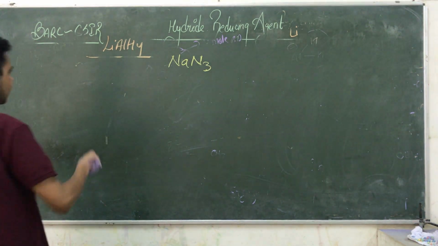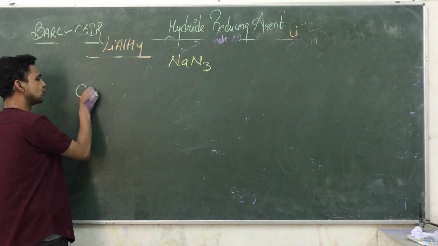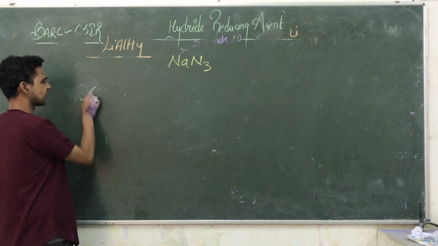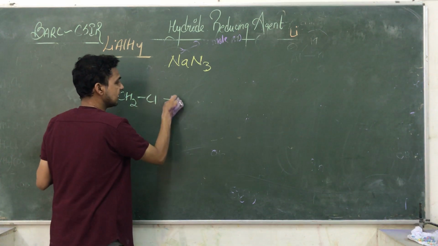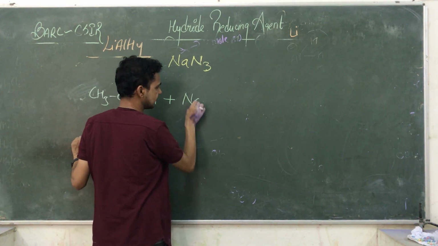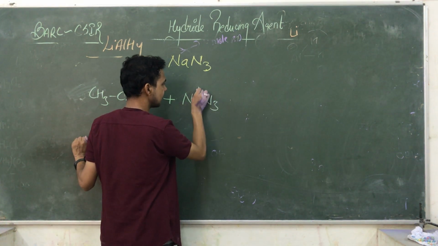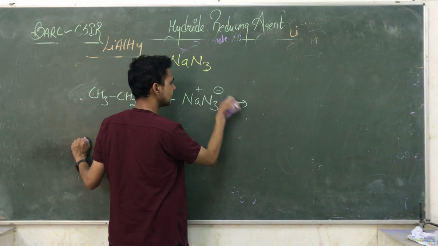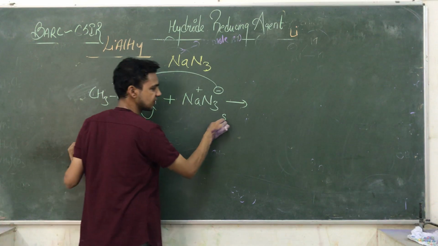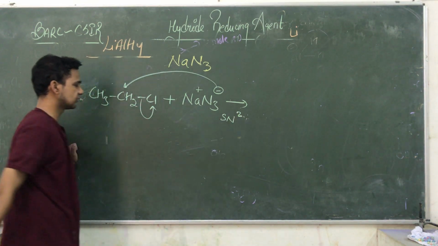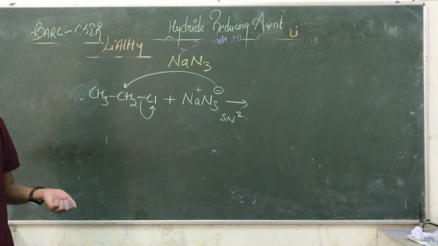So we are taking any alkyl halide, C2H5, or we are just writing CH3, CH2 and Cl. We are taking sodium azide, NaN3. Here N is positive and the 3 is negative. The negative attacks on this one and Cl comes outside. It is an SN2 type of reaction. They give you a very fruitful product.